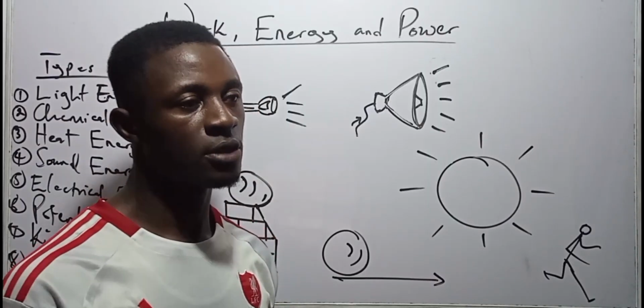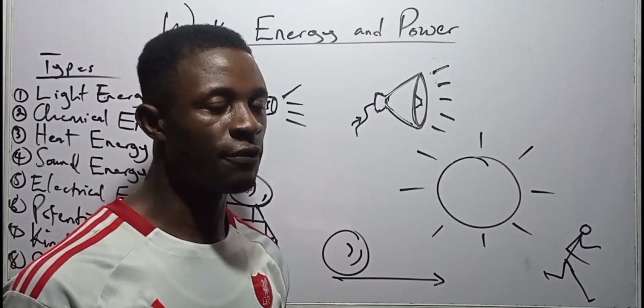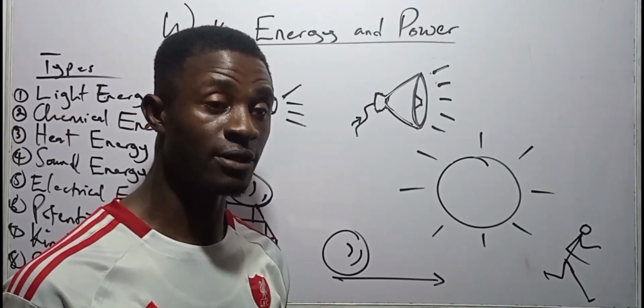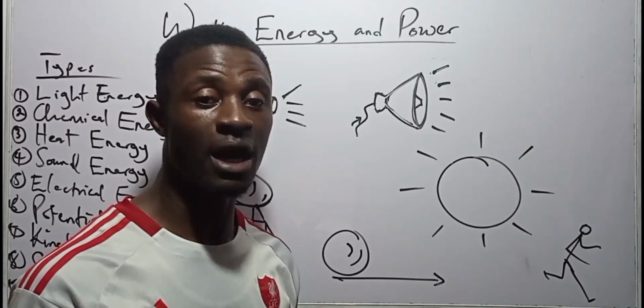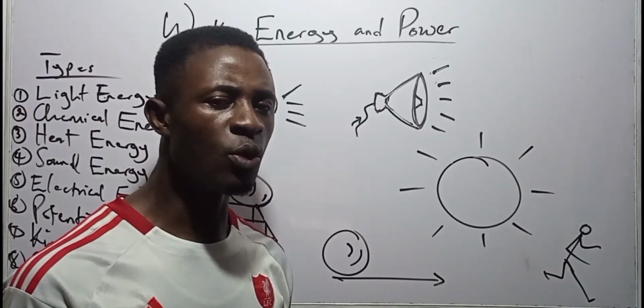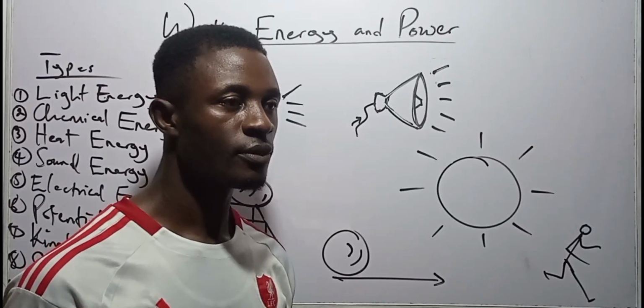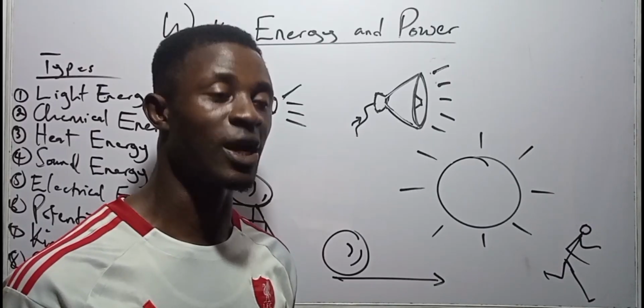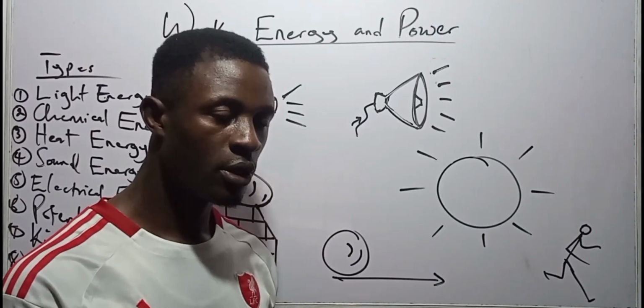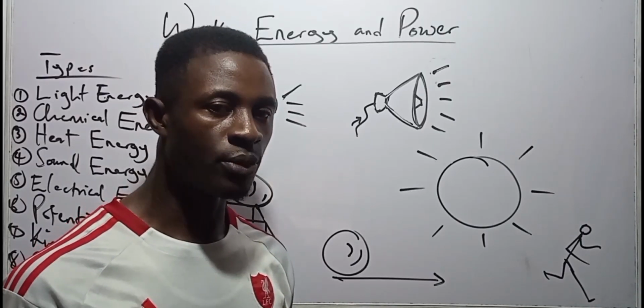Okay, let me use this illustration. If you have not eaten from morning till night, or let's say for 3 days you have gone without food, you'll be weak after some time. You'll not be able to perform some activities. You can't run, you can't jump, you can't play football. But when you eat, what happens?